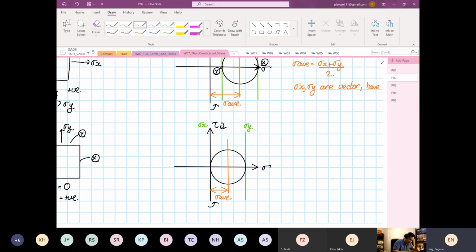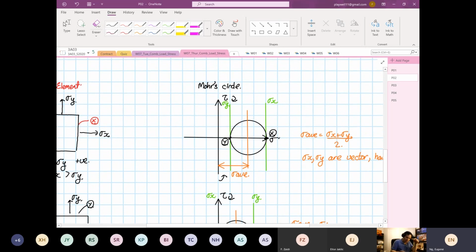So for this situation, we realize that stress average is just equal to stress Y divided by 2, like our problem earlier. But that's not always the case. If you have stress state at X and Y, you have to get stress X plus stress Y, then divided by 2.